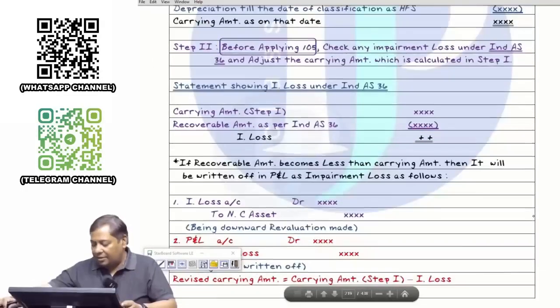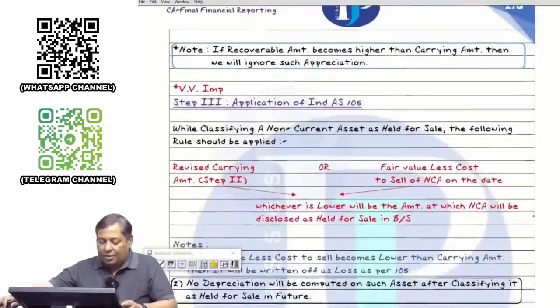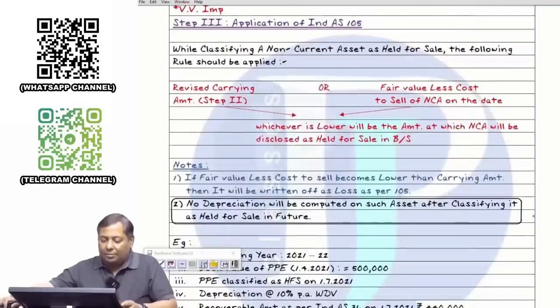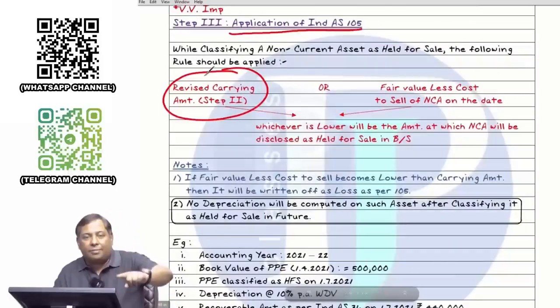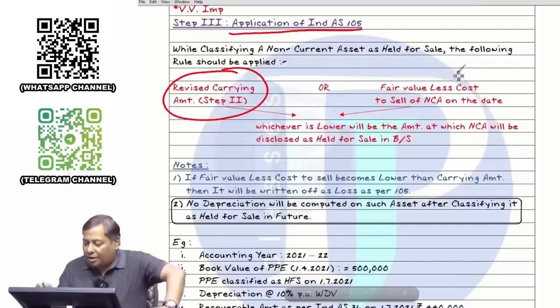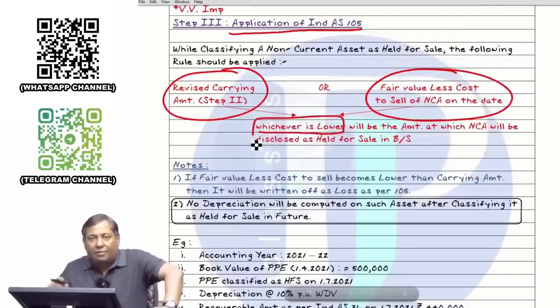Then we came to the third step, which I made you write in the class. Application of 105: the revised carrying amount which is arrived at in the second step after impairment loss and net selling price, whichever is lower. And if there is any decline, then that decline will be written off in profit and loss. I've written the entire story and solved the practical questions for you.